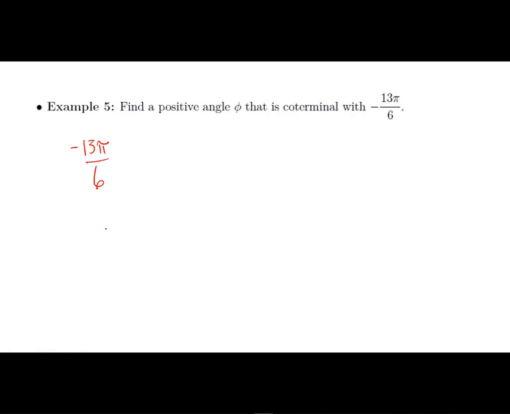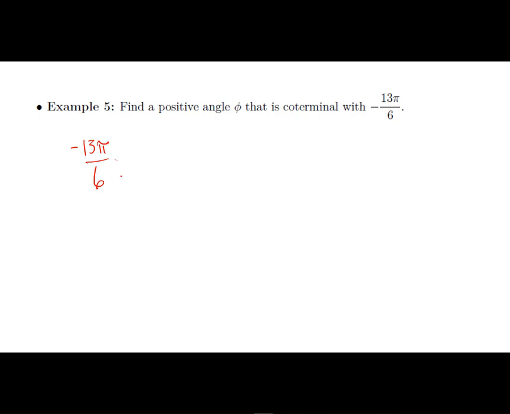Now, coterminal angles with degrees, we found that we could get those just by adding or subtracting multiples of 360 degrees, right? Because that would always land you on the same spot on the circle. So now that we know that 360 degrees goes along with 2 pi radians, then if we're in radians, we should just be able to add and subtract copies of 2 pi.